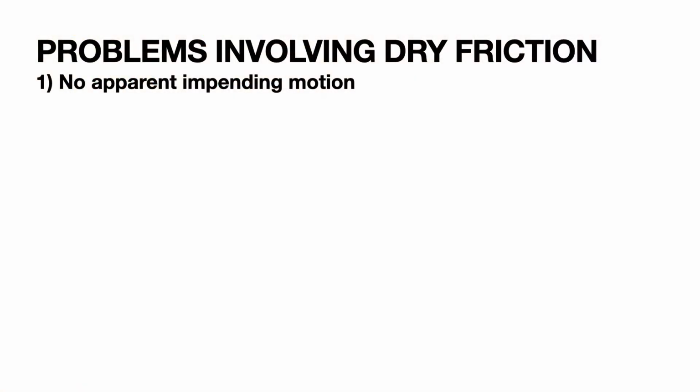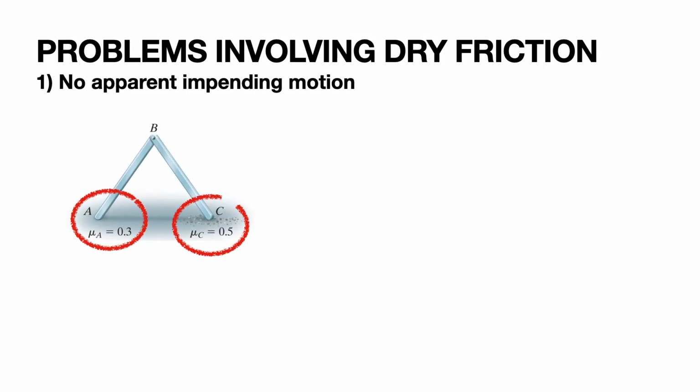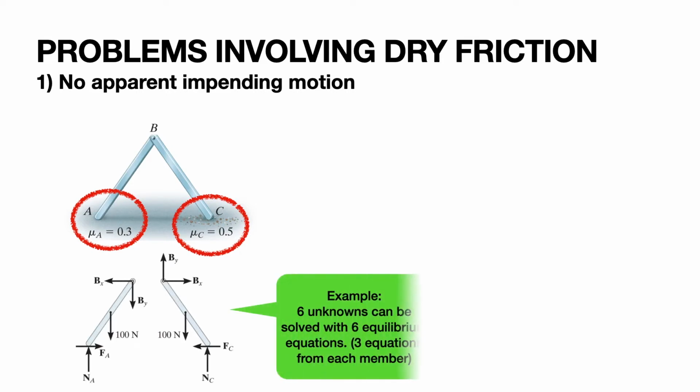There are a few problems involving dry friction. The first one is when there is no apparent impending motion. If you look at this particular structure, friction is applied to joint A and joint C, and the corresponding free body diagram is as shown. If you look at this free body diagram, there are 6 unknowns.